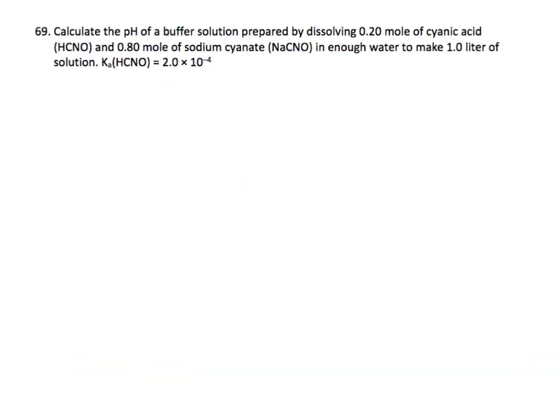Question 69. Calculate the pH of a buffer solution prepared by dissolving 0.20 moles of cyanic acid, HCNO, and 0.80 moles of sodium cyanate in enough water to make 1 liter of solution, and it gives us the Ka of the acid. So this is a buffer solution because we have both significant amounts of weak acid as well as its conjugate base.